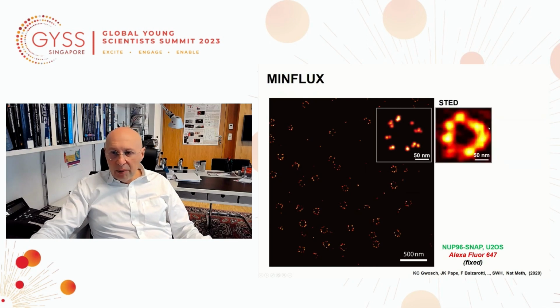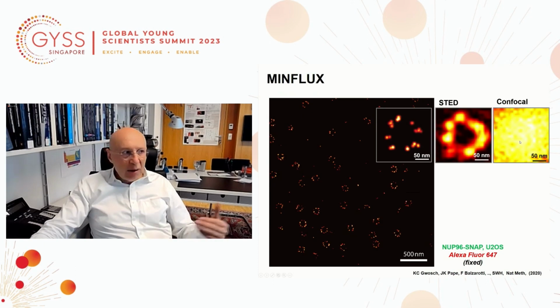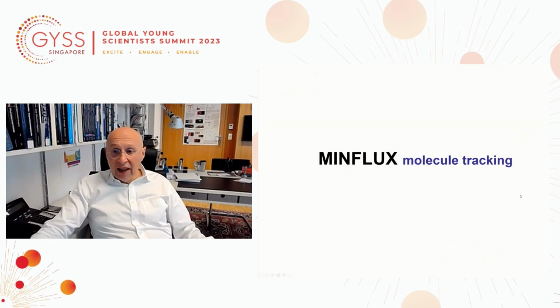Now, if we compare it with STED microscopy, which was developed a decade or more back, it's still worse by a factor of 10, and the standard resolution is worse by a factor of 100. So you have a factor of 10 here, another factor of 10 here. So now the resolution is better by a factor of 100 rather than just by a factor of 10. And the molecule scale has been reached.